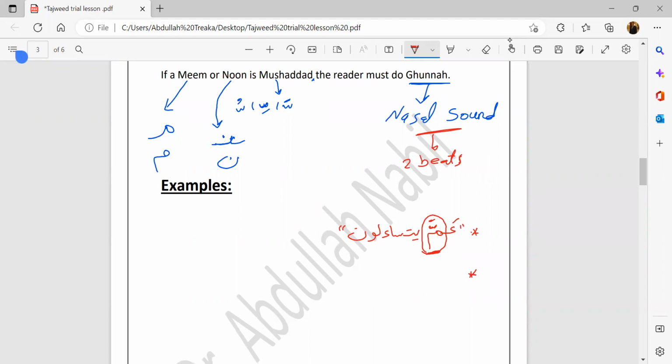Like in noon, we have example of noon. Like إن للمتقين in the same surah. This is surah النبأ. إن للمتقين مفازا. We didn't say إن للمتقين.